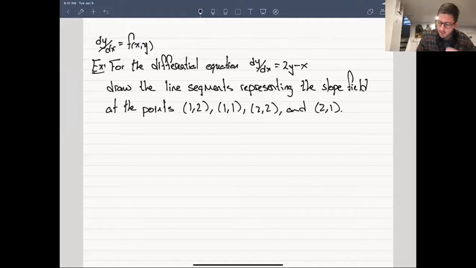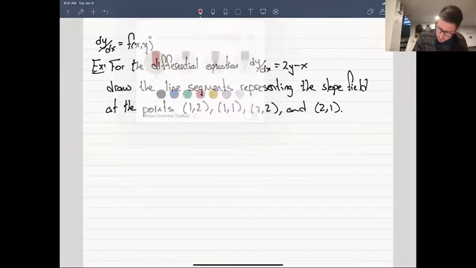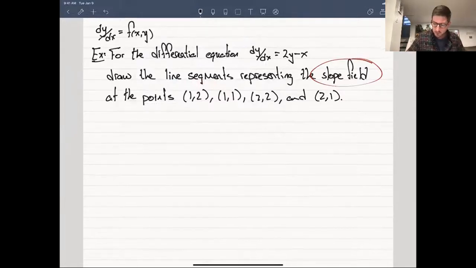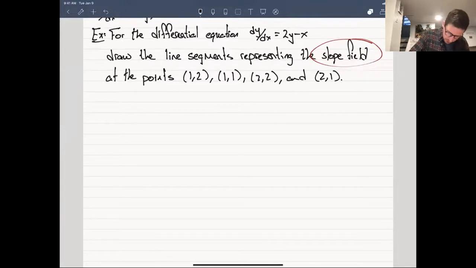Okay, so the first thing is we have this phrase, slope field, right? Basically this is going to be drawing all the little tiny tangent lines. And we know that the slopes of the tangent lines are given by this differential equation. So let's do something here.